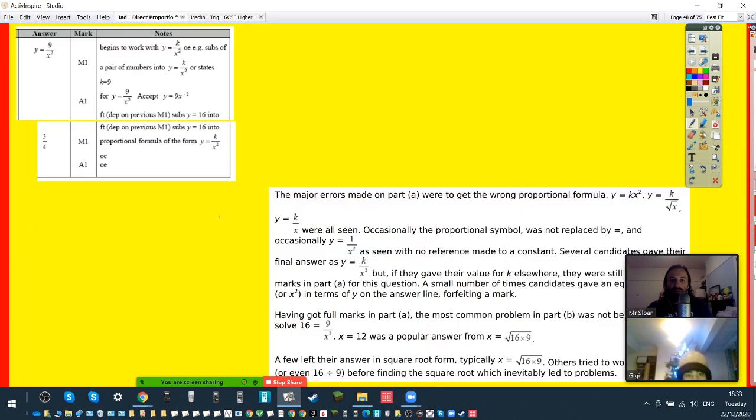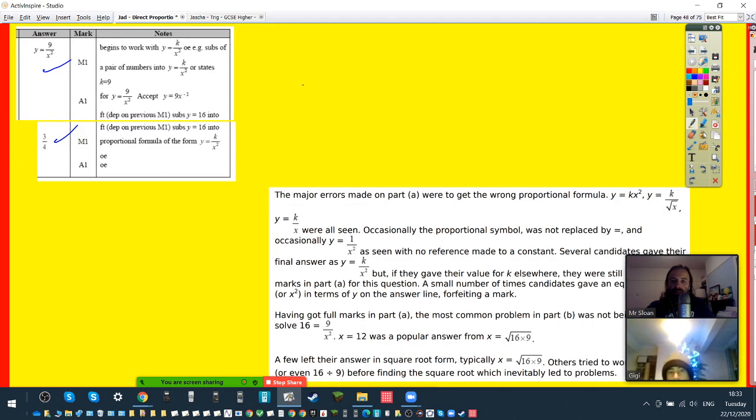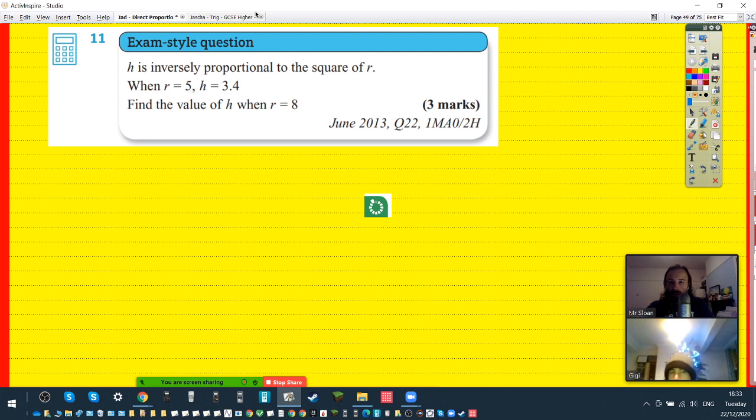Y equals 9 over x squared. Great. So it's the square of x, not the square of y. Just watch out for that.